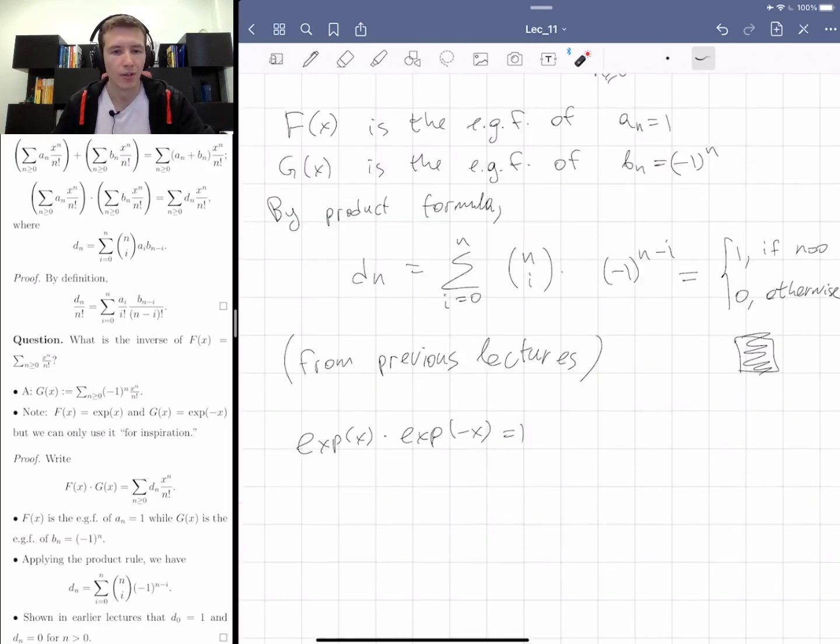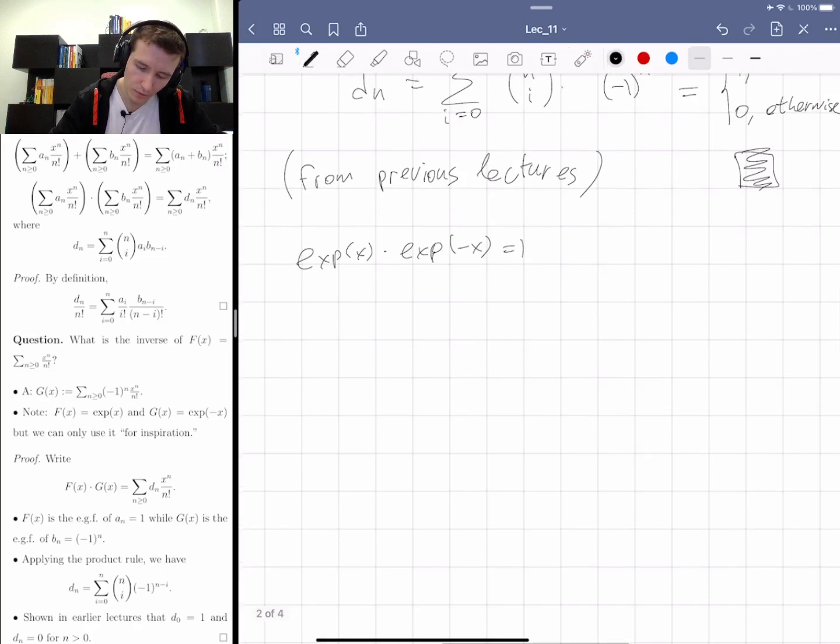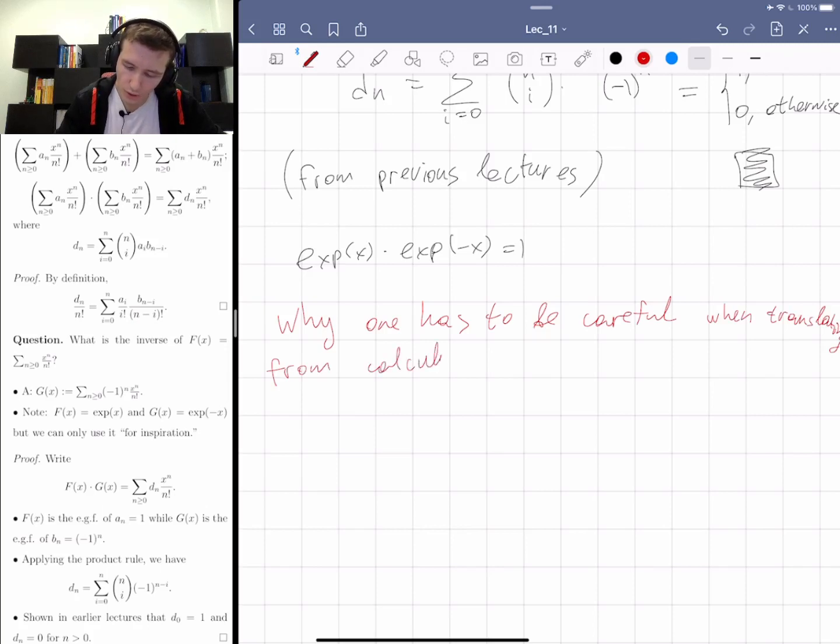So let me try to justify why one has to be careful when translating from calculus to formal power series.